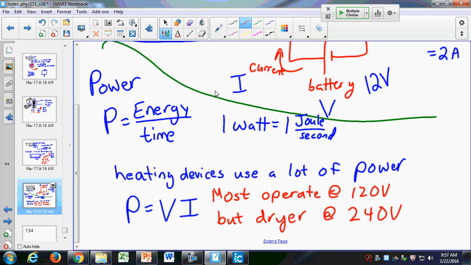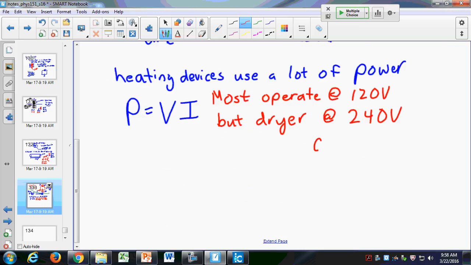So the dryer, since it operates at 240 volts, it can use a lower current. That is, if V goes up, I goes down. If your voltage on your dryer goes up, then your current on your dryer will go down. And that makes it safer to use. You don't want a really high current flowing through your house.